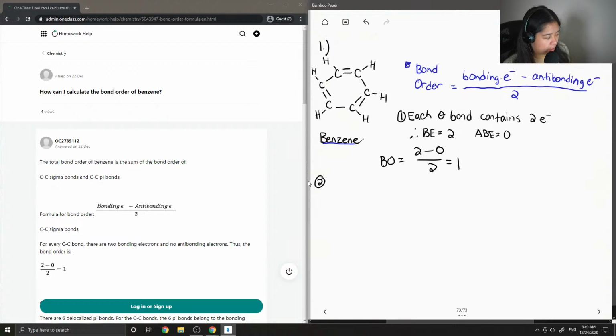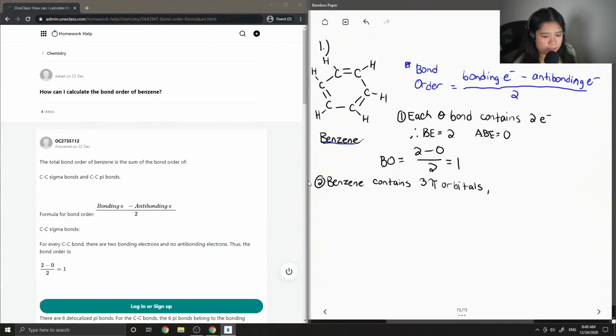For the second part of this question, I'll also write that benzene contains 3 pi orbitals. This can be seen with all the double bonds that are in benzene.